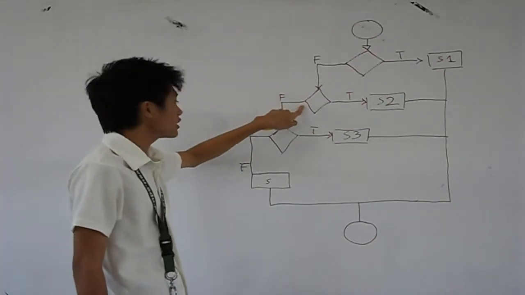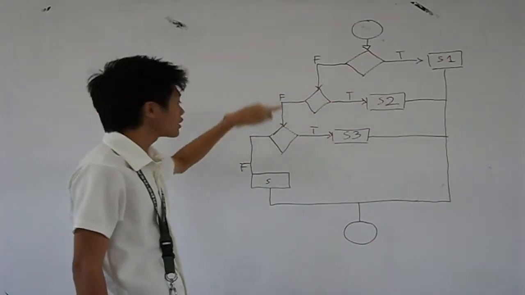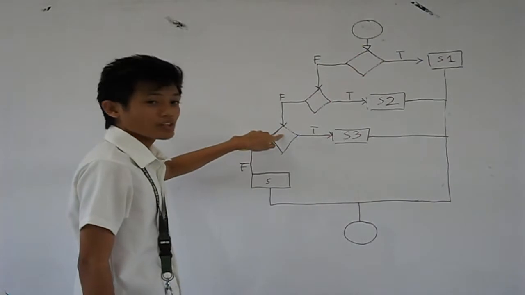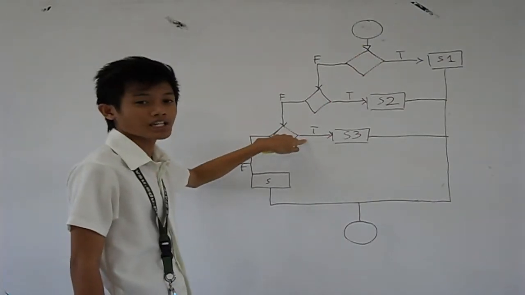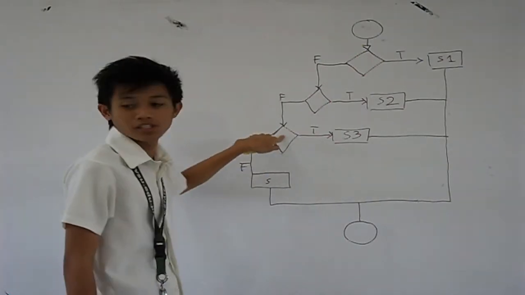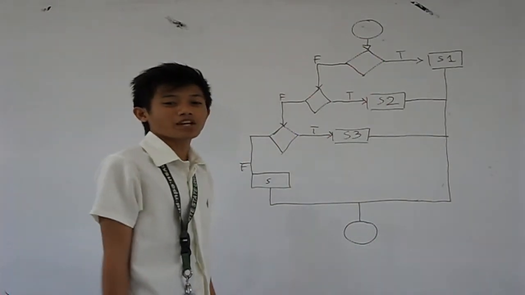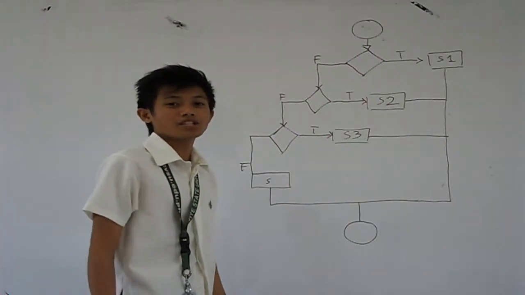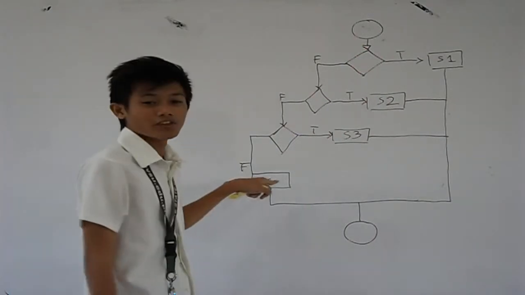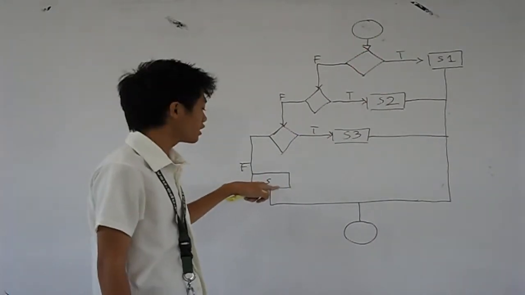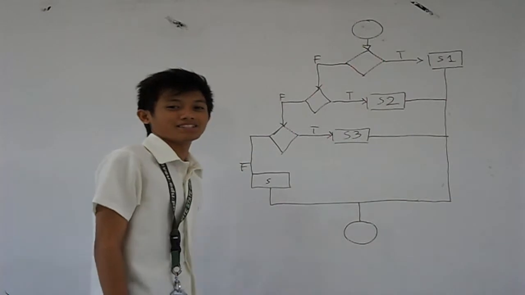And if the condition is false, you will make another condition. If the condition is true, you will execute the third statement. If it is false, if no one satisfies the condition based on the selection, there is a default statement before you go to end.